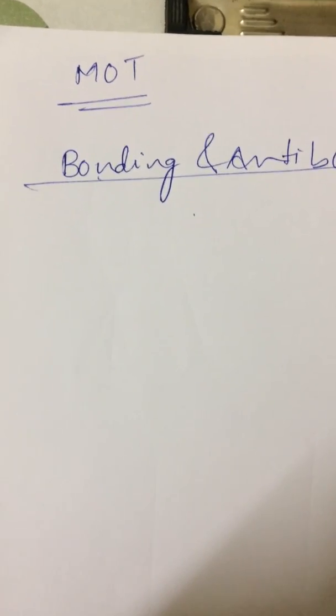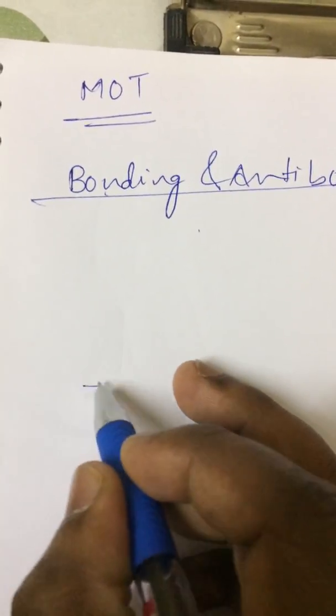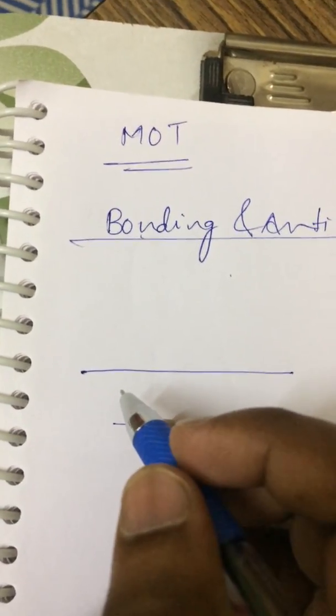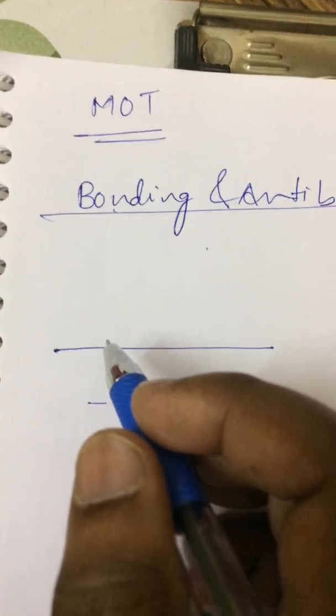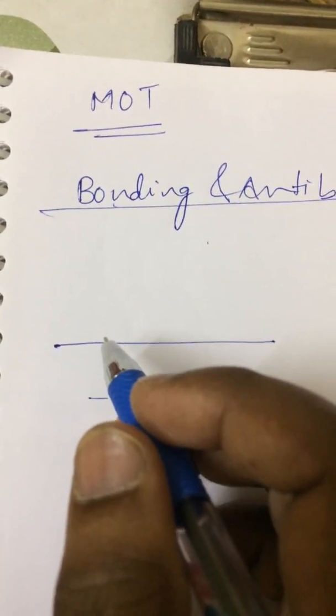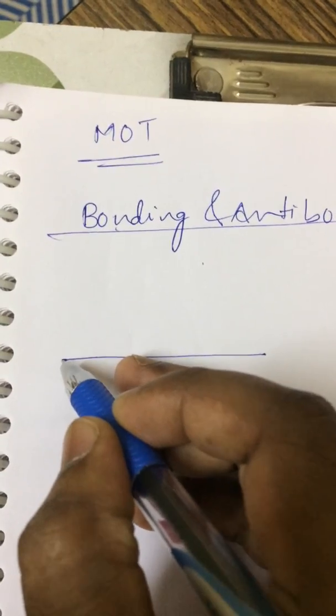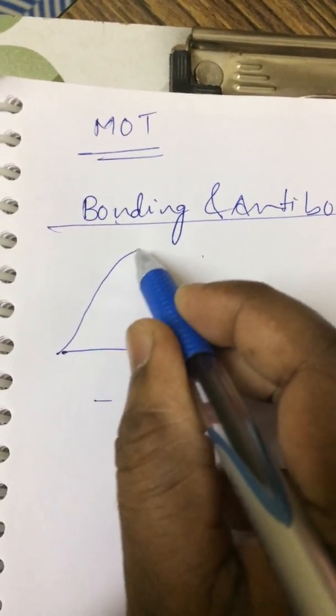Let me try to show how bonding and antibonding form. Let's say this is for two hydrogen orbitals, and constructive interference forms the bonding orbital like this.